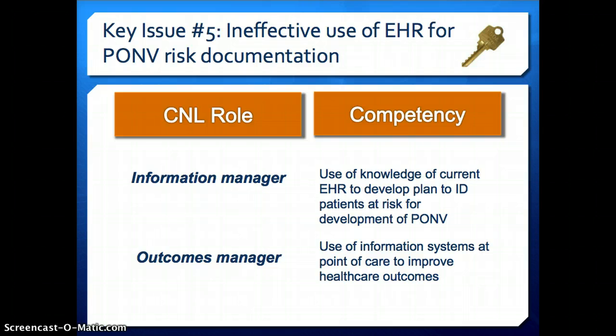So what this means is that I am looking to implement a postoperative nausea and vomiting risk score, integrate the score into the nursing practice to help identify patients at risk, and embed the score into the electronic health record.